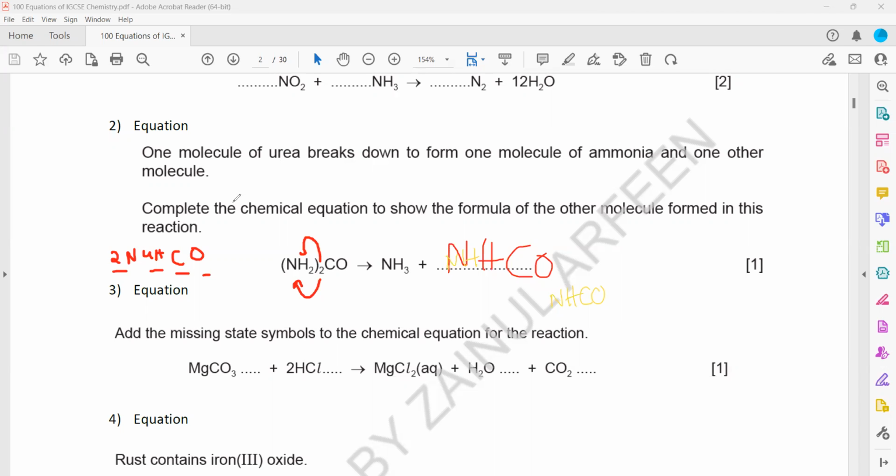Because they just mentioned, we have to complete the equation to show the formula of the other molecule formed. We don't have to balance this. We just want what will be the other substance which is left. So we count the left hand side and the right hand side.